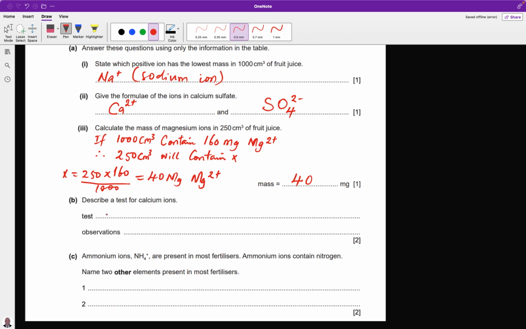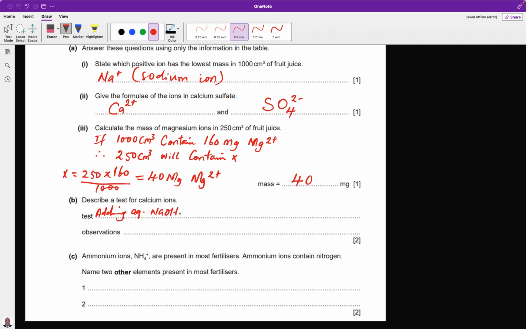Let me say the simple test is adding aqueous ammonia or aqueous sodium hydroxide.